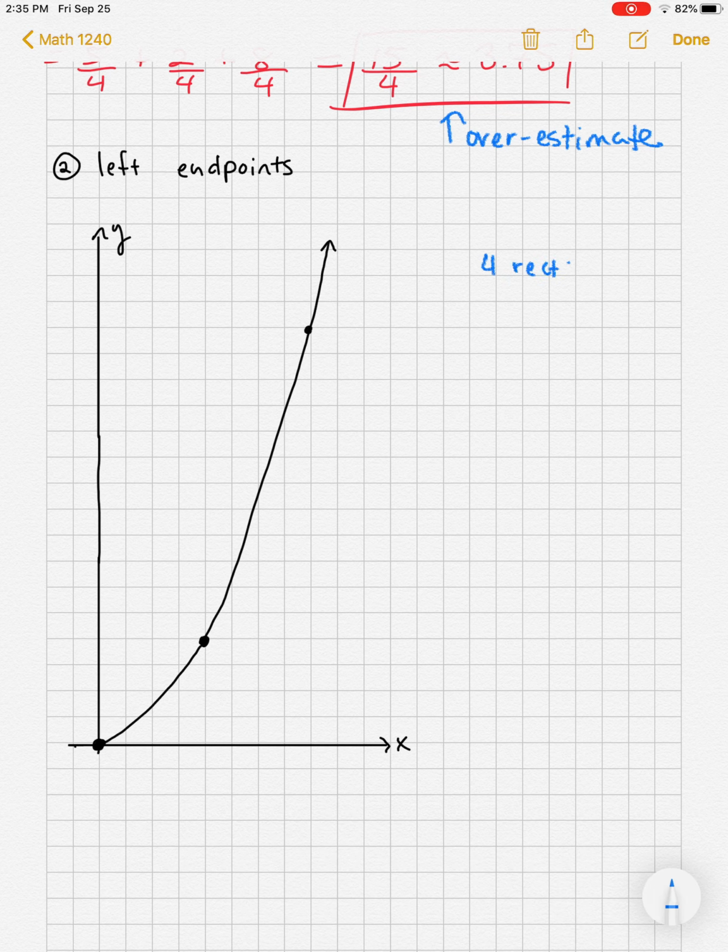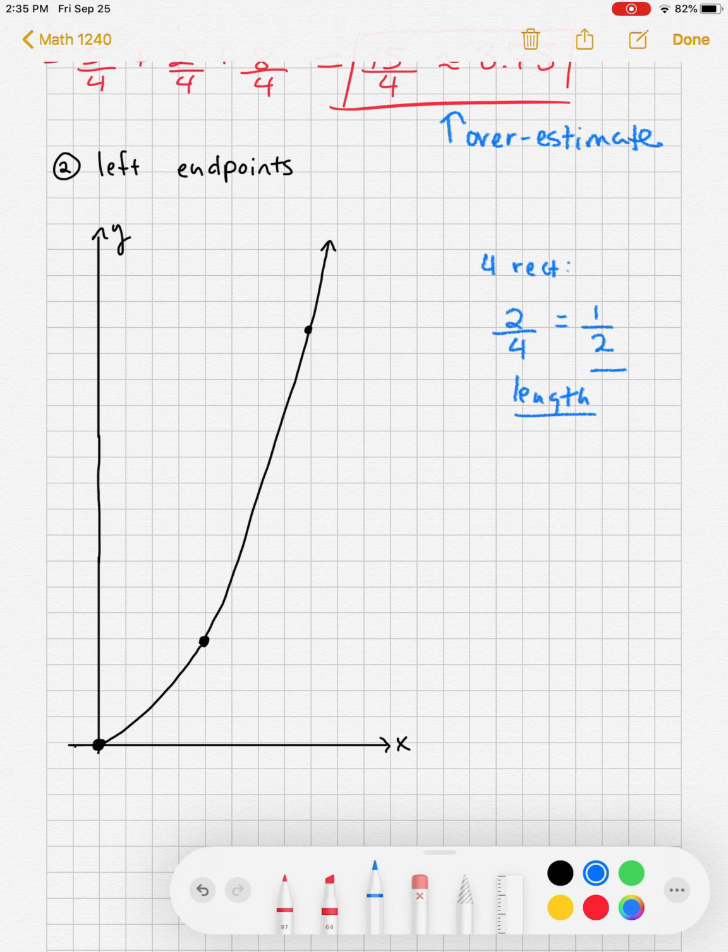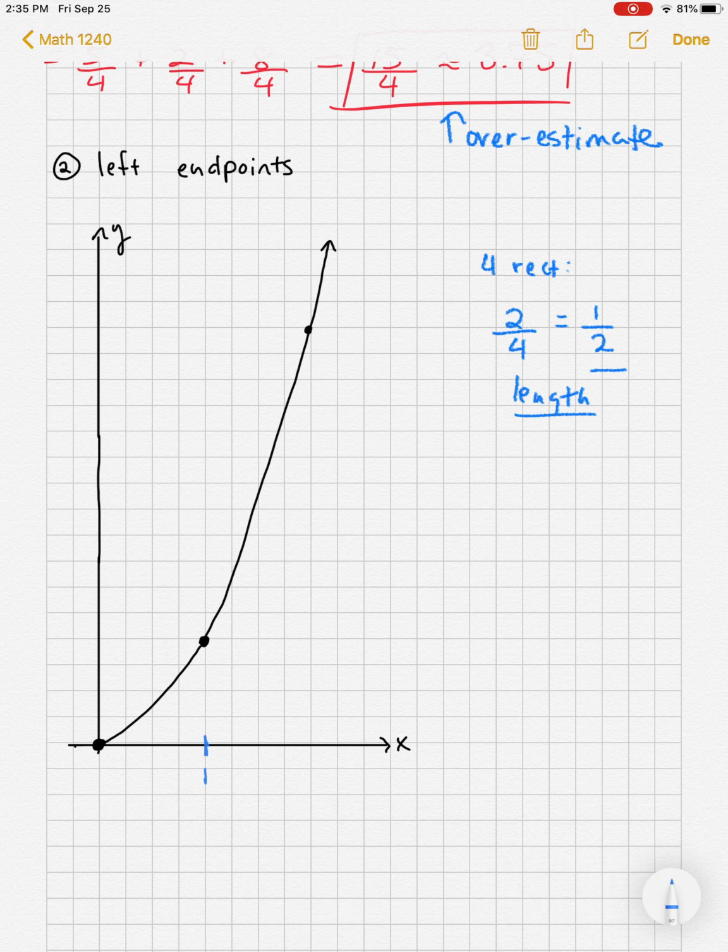So if I'm still doing 4 rectangles, I still have a length of 2, 4 rectangles. Each length, the length of each rectangle would still be a half. So here's 1, here's 2, there's a half, and 1 1/2.